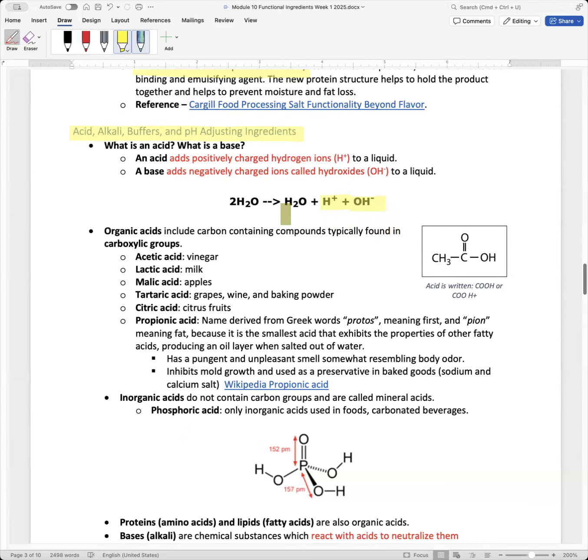And water naturally disassociates in its liquid state. There's always some free hydrogen and hydroxide ions, but usually they're pretty much in balance. That's why water has a pH of about 7. Unless your water has some calcium in it, like here in California, where we have a high mineral content, and so our water is a little bit basic.